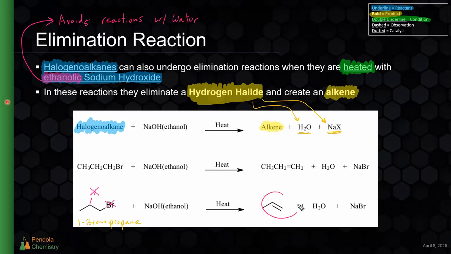So that will create an alkene, because when these two are broken, a double bond is created between that atom and the atom next door.